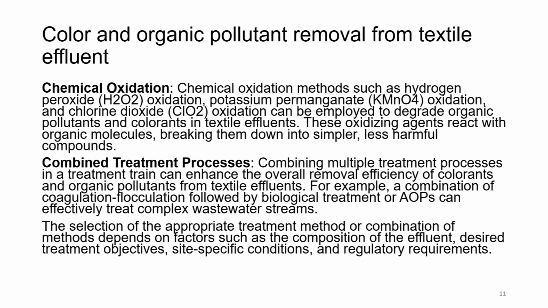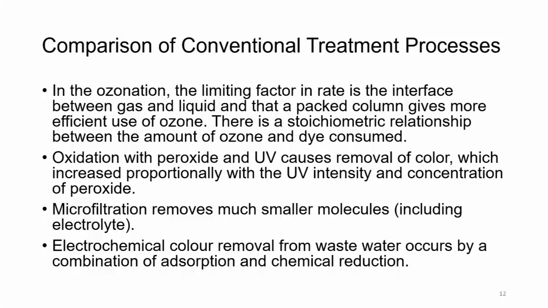The selection of appropriate treatment method or combination of methods depends on factors such as composition of the effluent, desired treatment objectives, site specific conditions and regulatory requirements. Not to forget that regulatory requirements are the driving force for such removal of color and organic pollutants from the textile effluent.